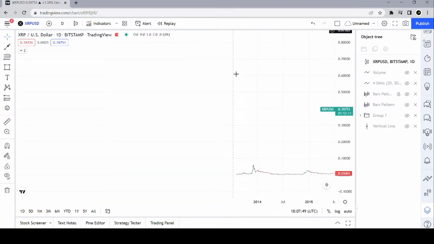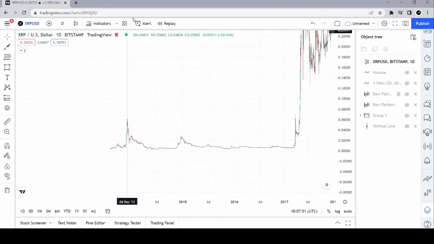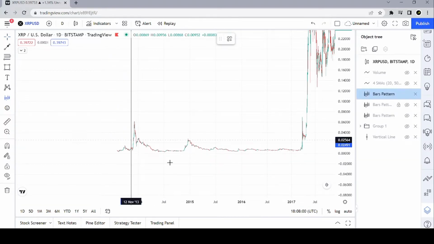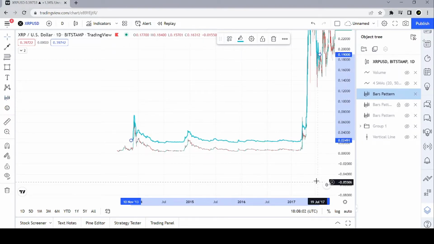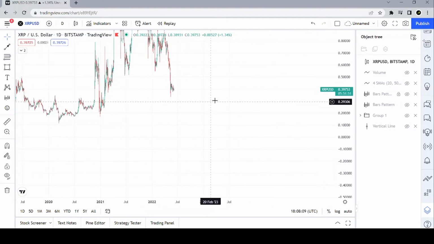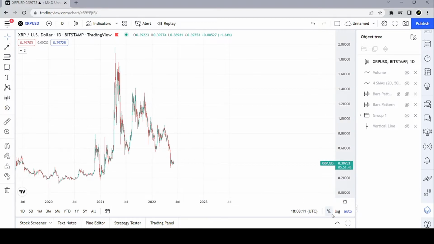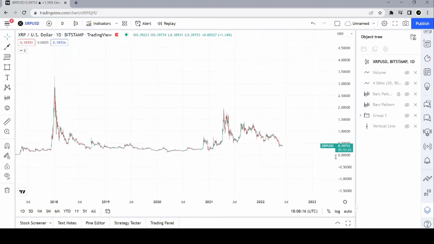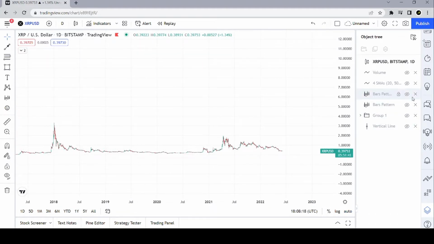So if you were to take this fractal right here and copy and paste this onto where we are at today, and I did it for you to save time. I'm going to have to shrink this because this pattern is big.